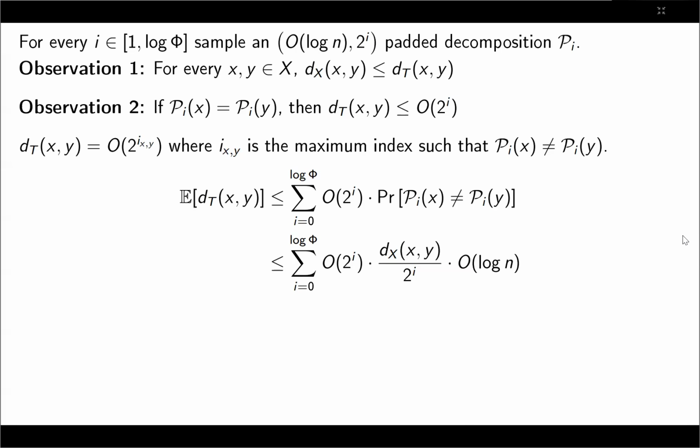Actually, this is not super clear. Let me write it here. So what they proved in the slides was that if you have gamma delta, so this is the distance, and the scale here is delta, right? And in this case, the probability to be cut is the padding parameter, beta times gamma. Right? So what is gamma here? So here I know this gamma delta is equal to the distance between them.